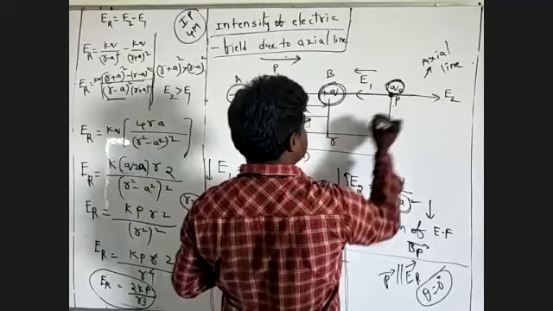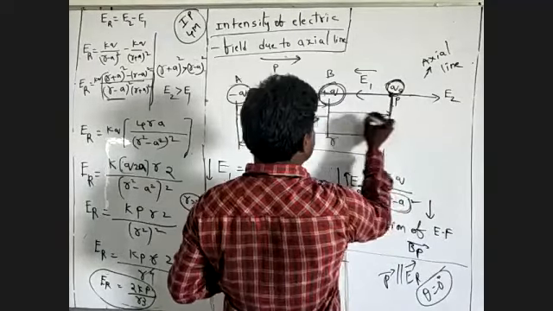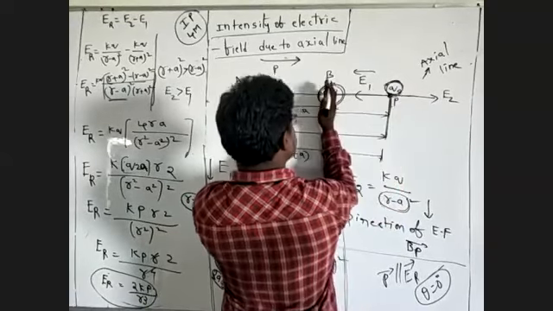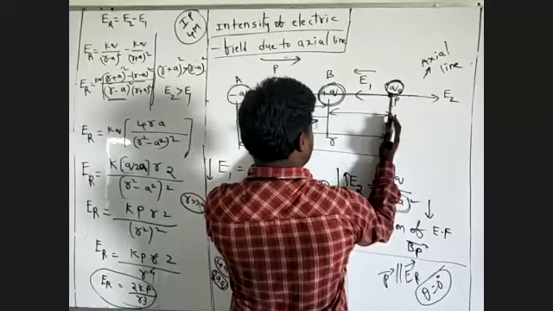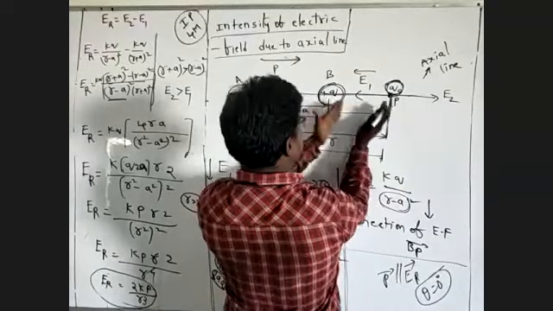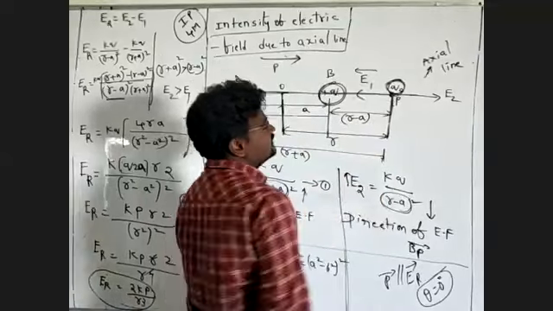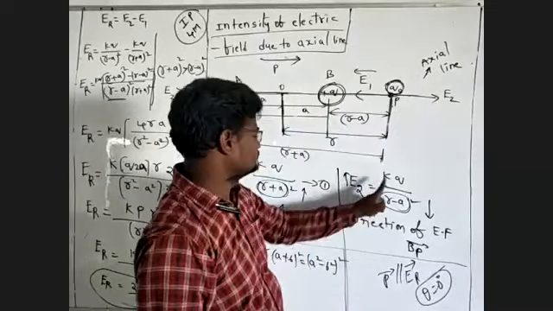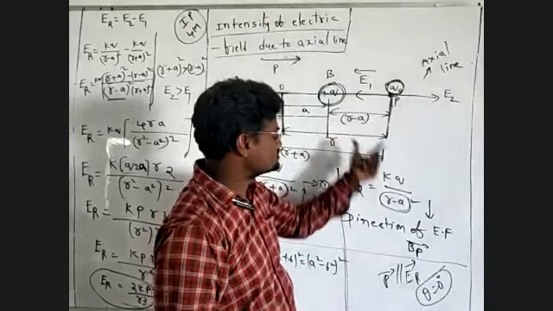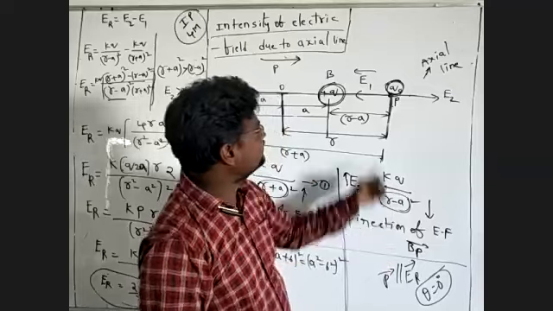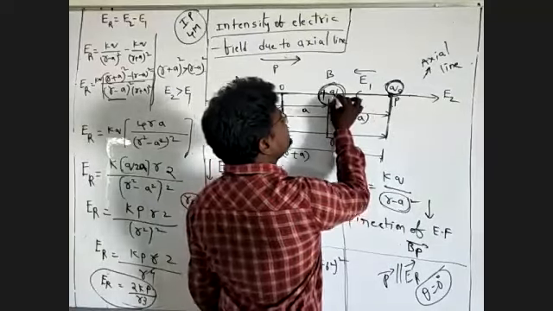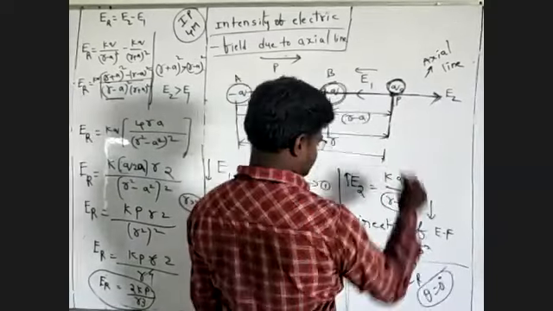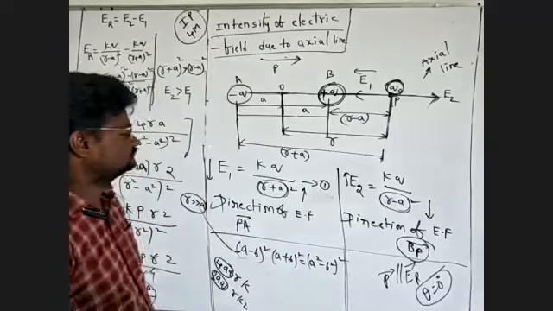The distance between the two charges: from here to here is R, and from here to here is A. This is capital R. I want this distance, R minus A. At this point, we have to calculate E2 due to the charge: K q by the distance between the two charges, R minus A, whole squared. The direction of the electric field is always away from a positive charge. That is the direction BP.